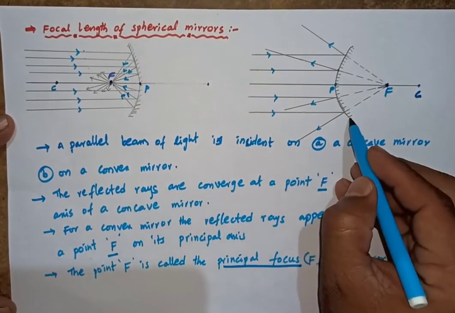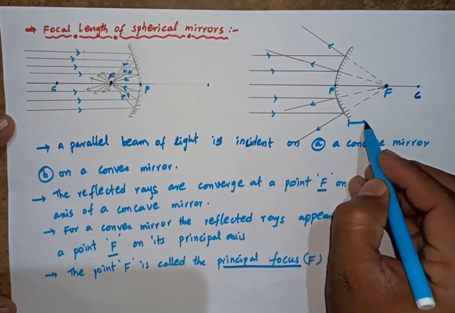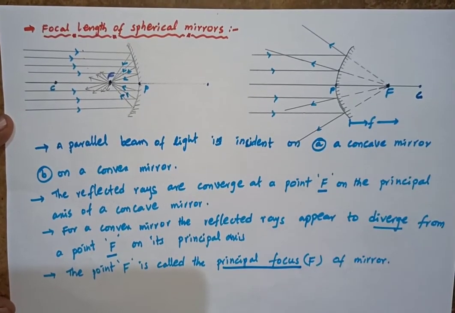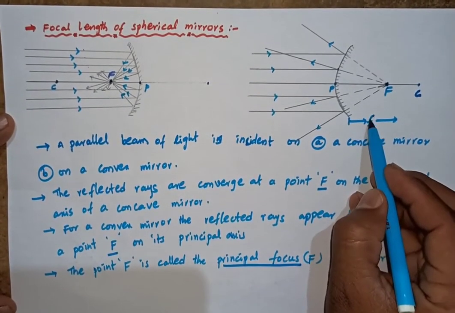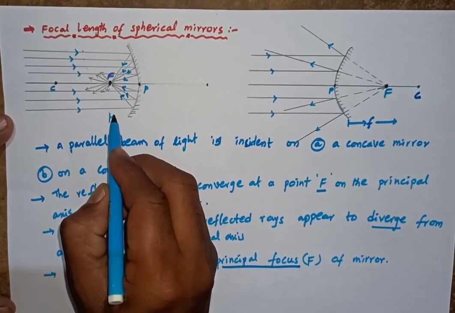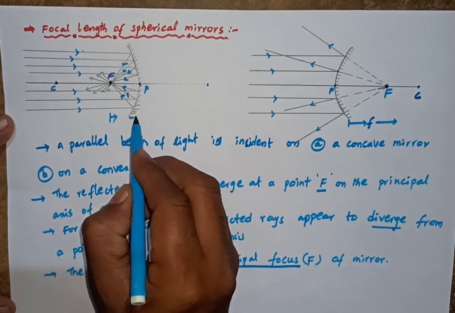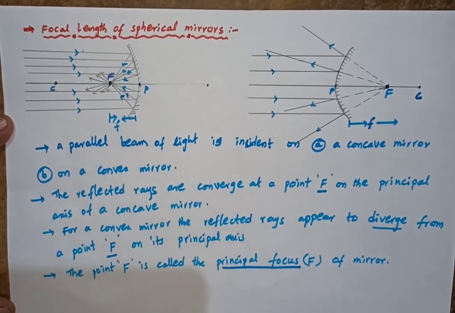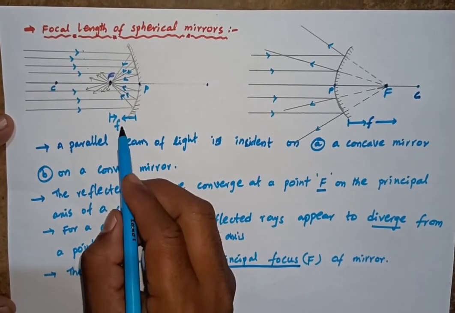The distance between the pole and the principal focus is taken as F. F means focal length. Here also, the distance between the pole and the principal focus is called the focal length.